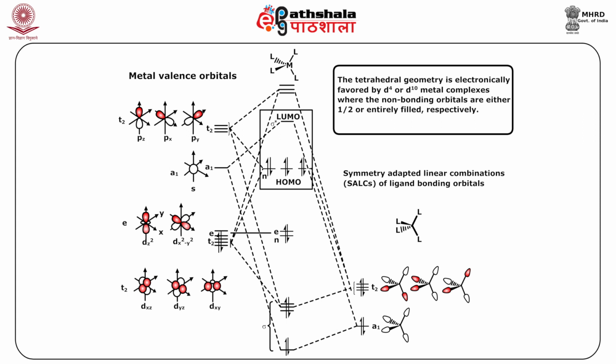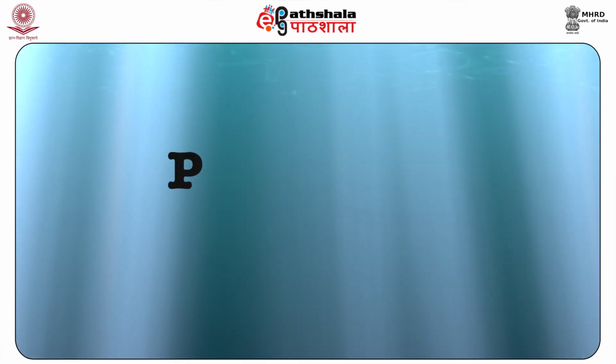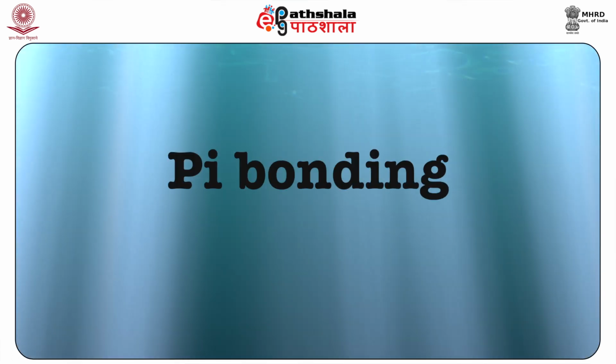The tetrahedral geometry is electronically favored by d2 or d7 metal complexes, where the non-bonding orbitals are either half or entirely filled. Next, we will discuss the pi bonding in the tetrahedral complexes.